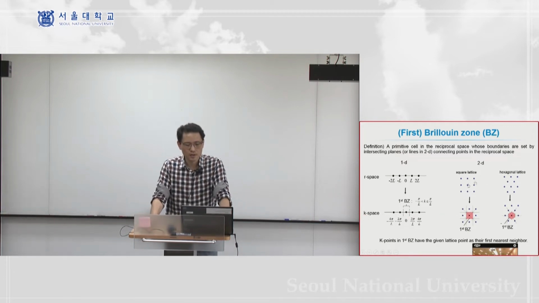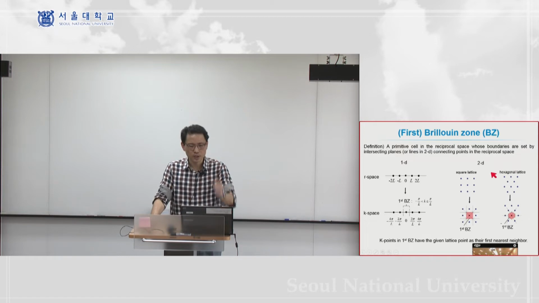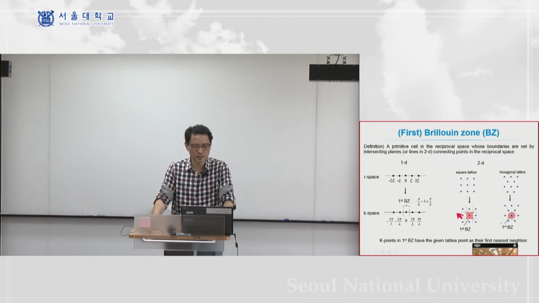In higher dimensions, for example in the two-dimensional space, the square lattice is also converted into a square lattice in the K-space, and in this case, around the origin, you can also draw several intersecting lines. The innermost region is called the first Brillouin zone.